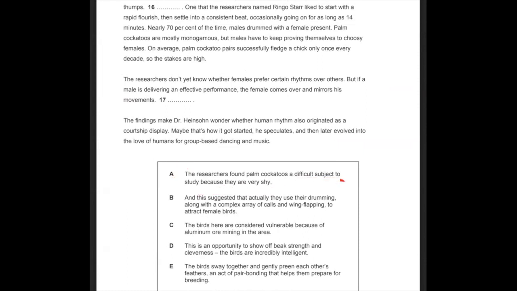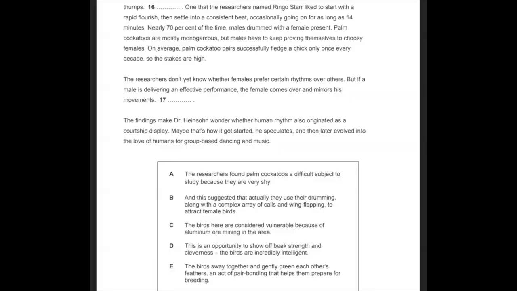Then 16. If we look at what comes just before this blank, it says analyzing the drumming sequences, they found that the birds produced regular, predictable rhythms and they weren't random. Okay, well, that makes sense. So they were able to perform proper beats, predictable rhythms.